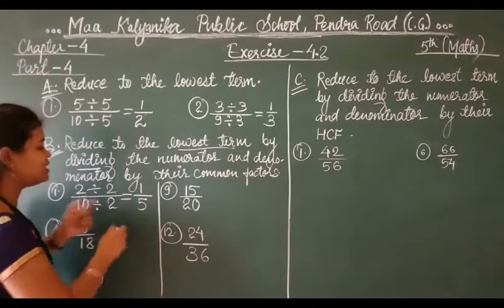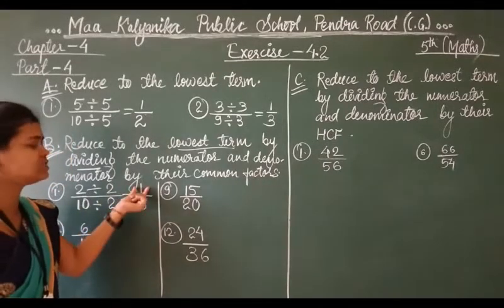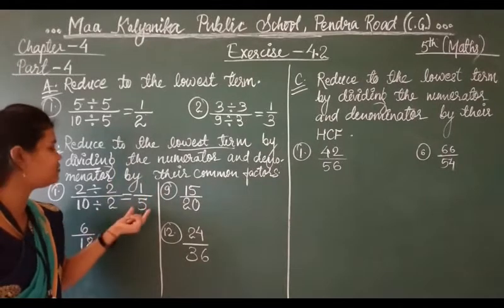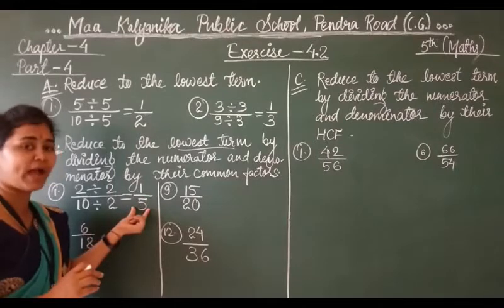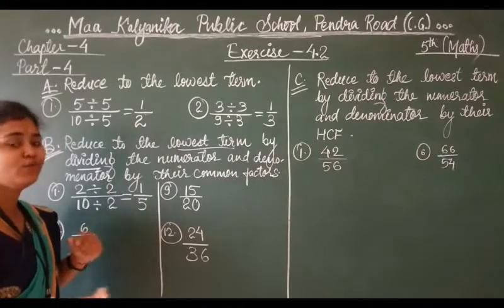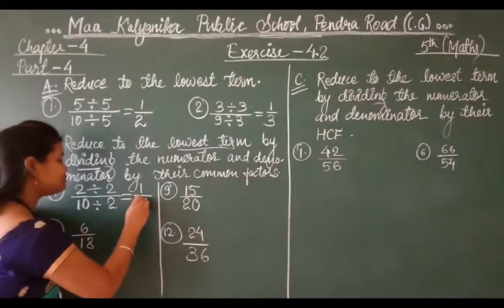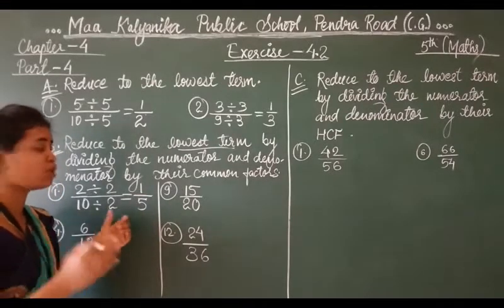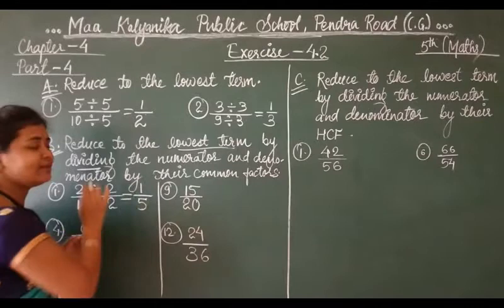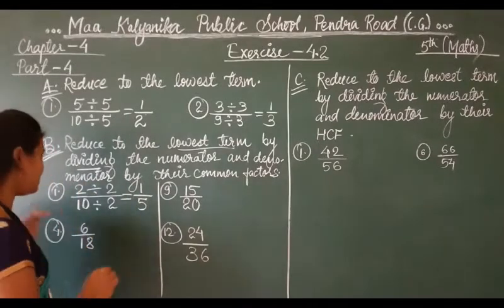So 1 by 5. 1 is the smallest number, it cannot be divided further, and 5 is also a prime number which cannot be divided further. Any other common factor is not there which can divide both numbers. Don't be confused.